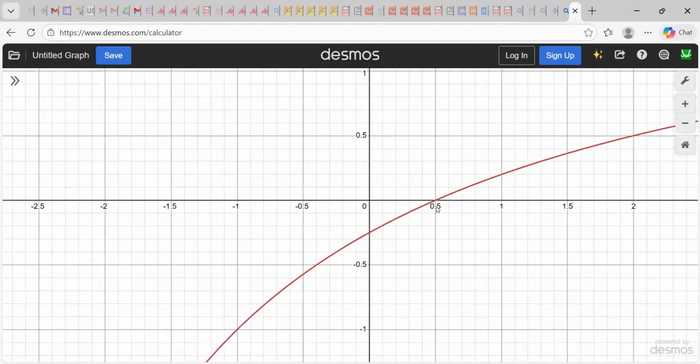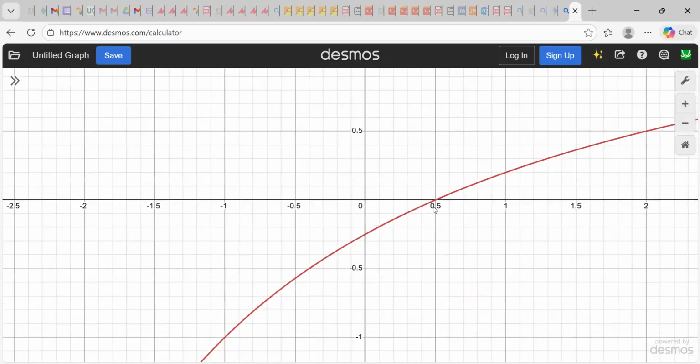This is half. What are we getting here? You're supposed to get half, or what did we get here? x equals 3/2.